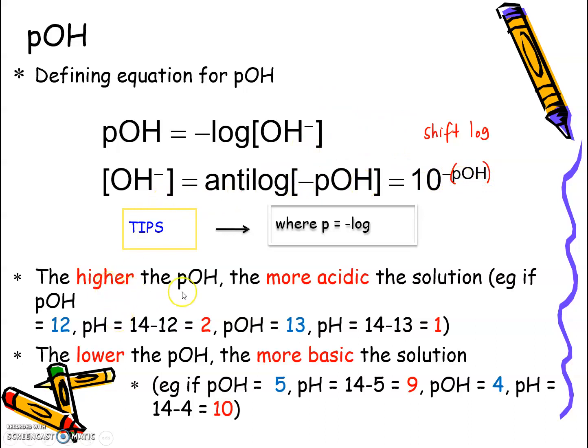The higher the value of pOH, the more acidic the solution. If the value of pOH is small, the solution is very basic. So pOH measures the basicity of the solution.